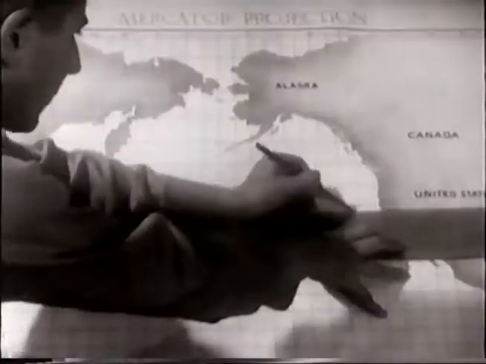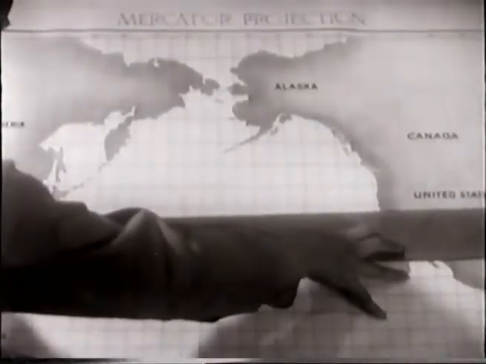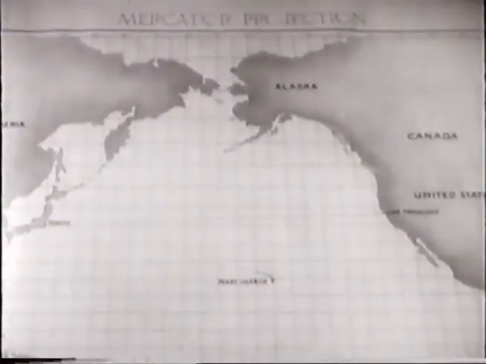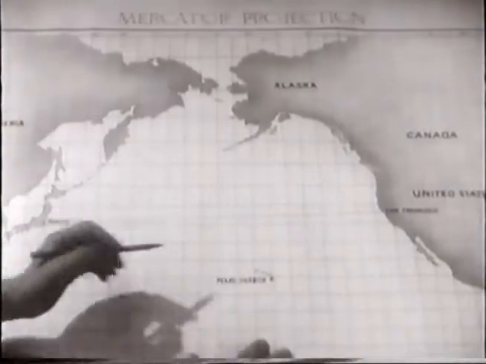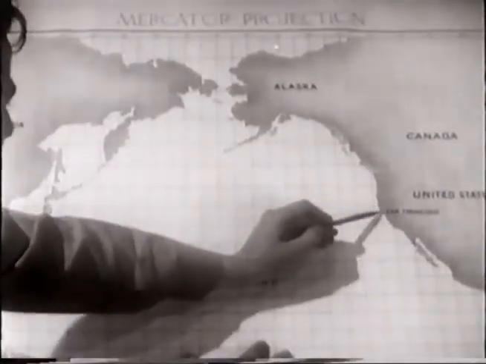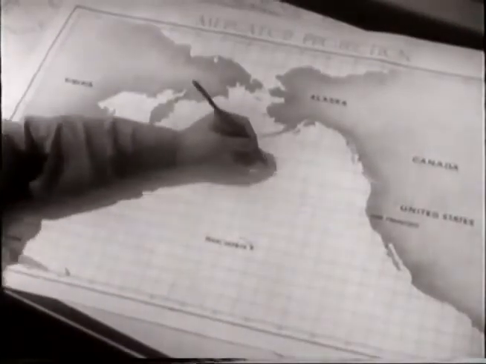Parallels of latitude appear as parallel straight lines at varying distance from each other, perpendicular to the meridians. On a Mercator chart, a straight line, like this, is not always the shortest distance between two points because of the Earth's curvature. The great circle, which looks longer, is actually the shortest distance.